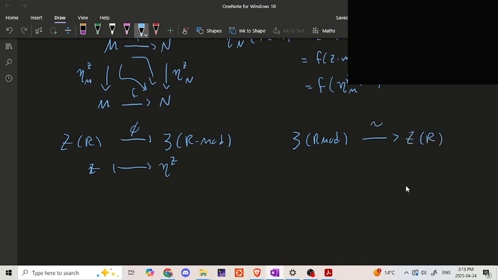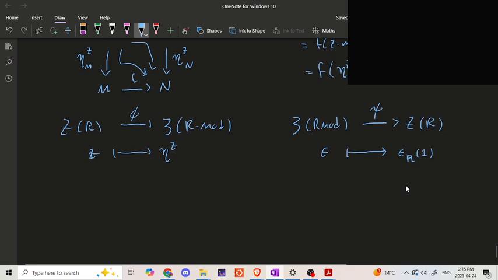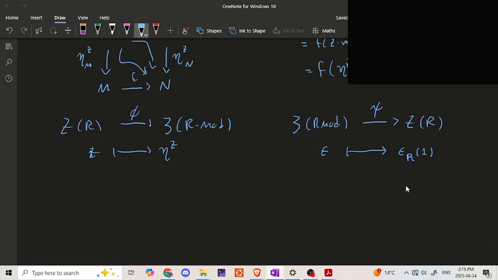I'm going to call that psi, and I'm going to send a natural transformation to, well, that natural transformation determines a map from the ring itself to itself, and evaluate that at 1. But I must convince you that this really does lie in the center of this ring. How should I do such a thing?